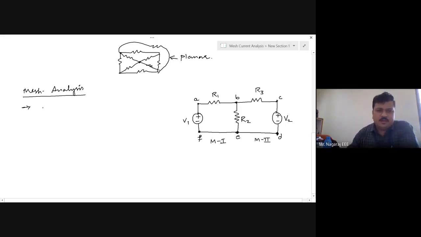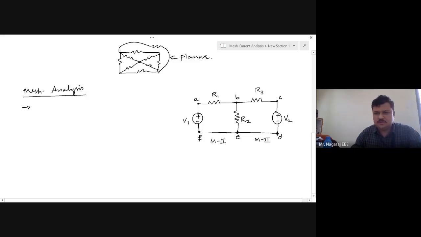Then I should be writing the KVL equation for each mesh. But to write the KVL equation, I need to know what is the current in that particular branch across which I am applying KVL. Now, if I want to apply KVL to this first loop or first mesh, I should know the polarity of V1, which I know because it is a source. But I don't know the polarity of the potential difference across R1 and R2.